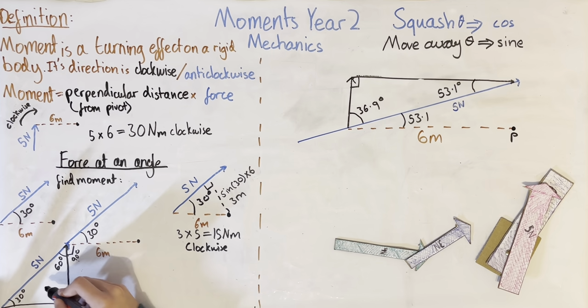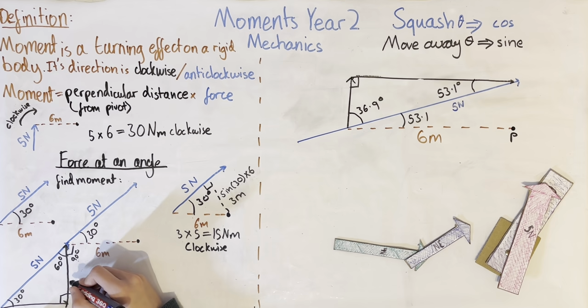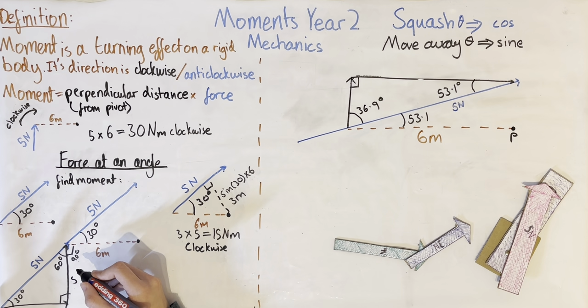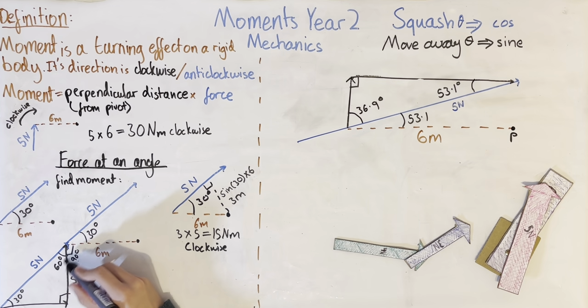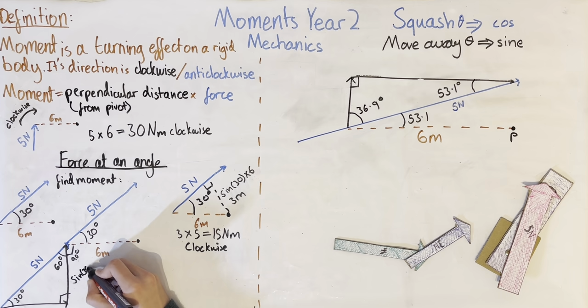So we take 30 as the angle we're going to be using here. This is the one we want to work out, so that's going to be the opposite. So it's going to be sine 30 times 5, which is 2.5, because sine 30 is a half.